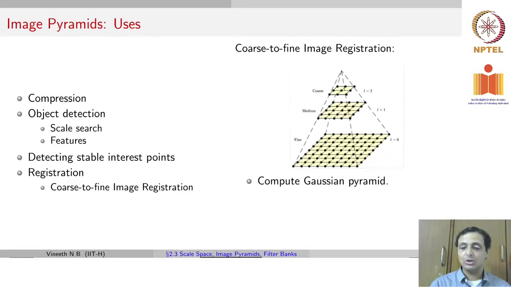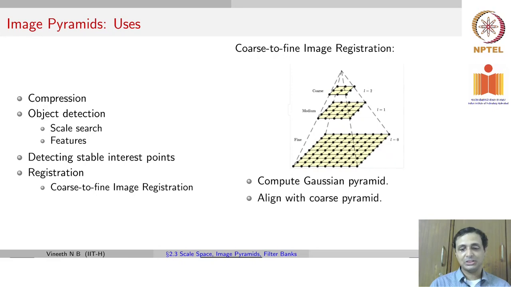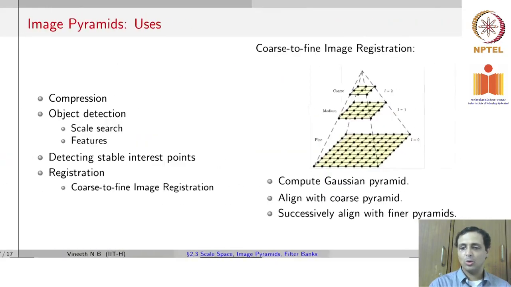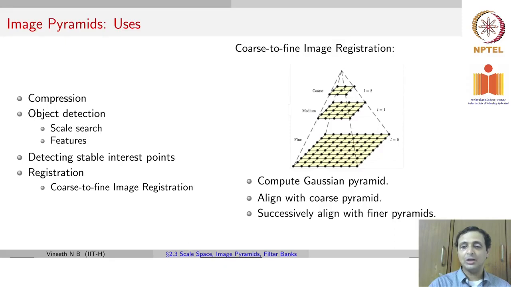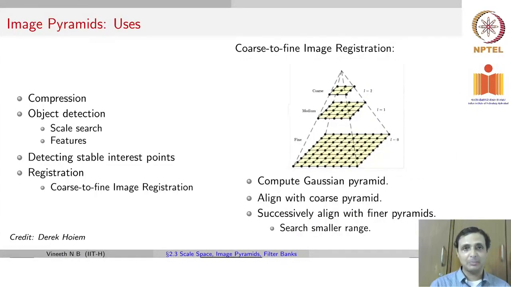And you first compute this Gaussian pyramid and then align features at the coarse pyramid level, just at this level to start with. Once you do that, you then continue successively aligning with finer pyramids by only searching smaller ranges for that finer match.